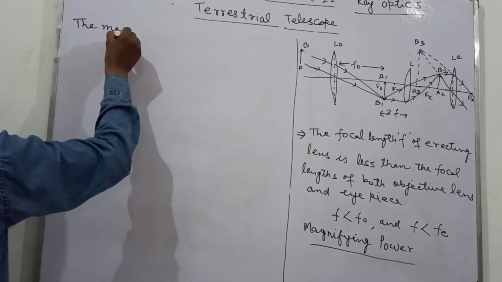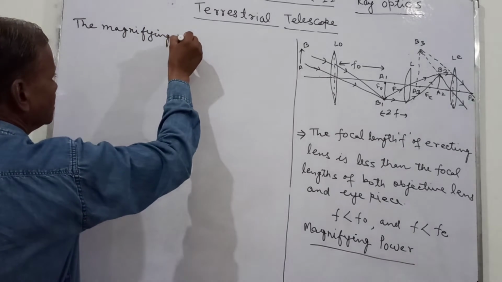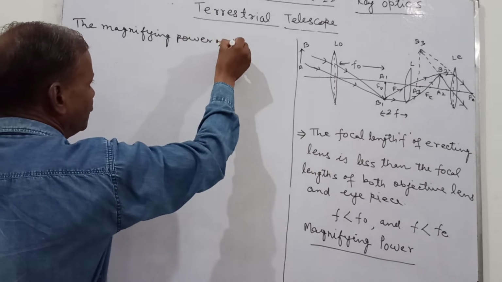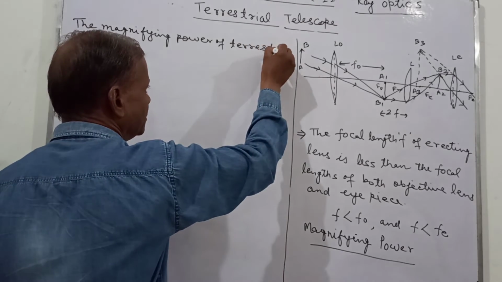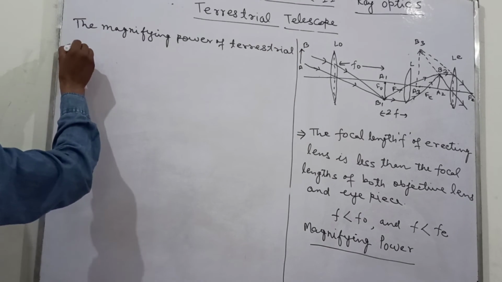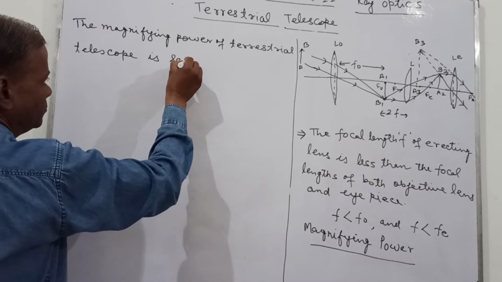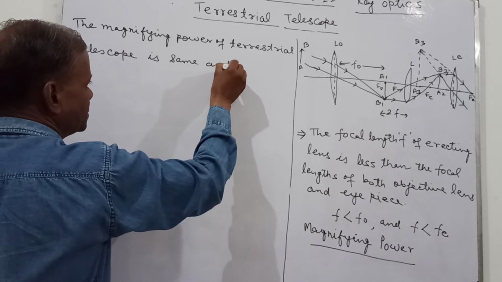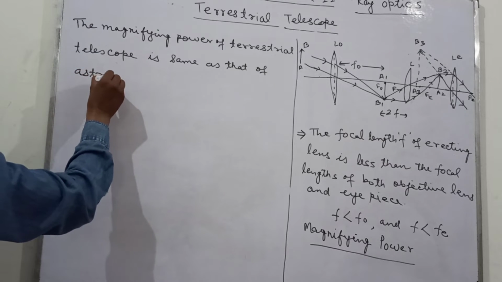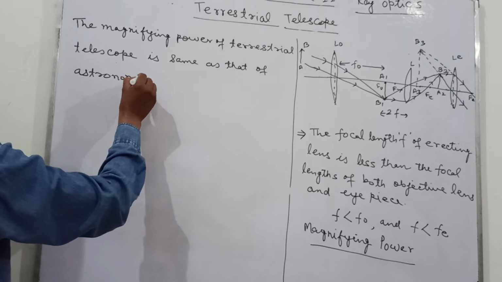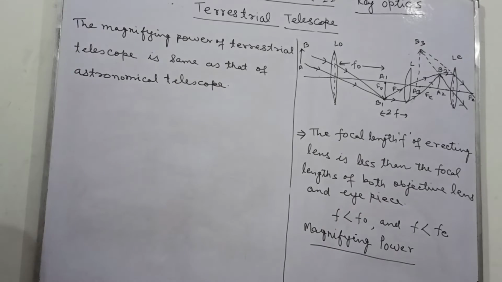The magnifying power of the terrestrial telescope is the same as that of the astronomical telescope.